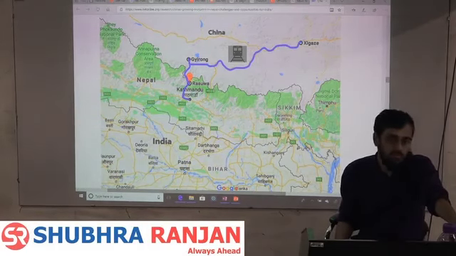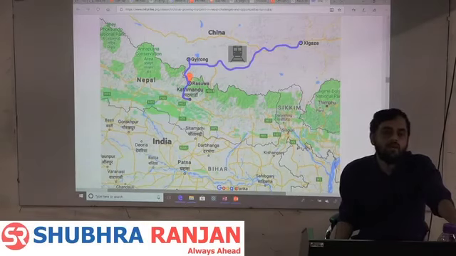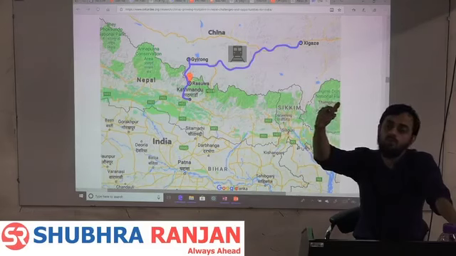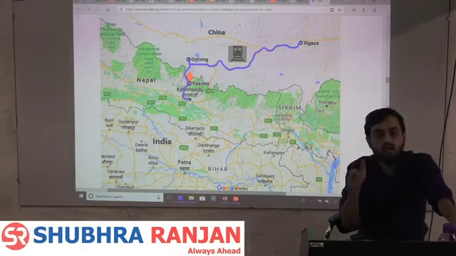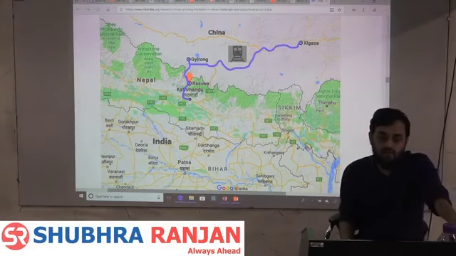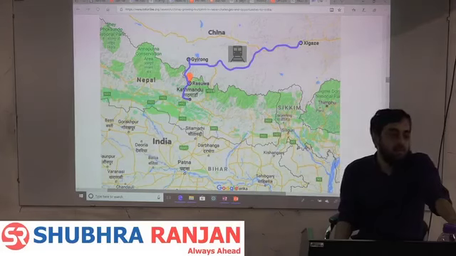And that is where KP Oli's 2+1 formula comes into the picture. That if Nepal could become the connectivity link between whom? Between China and India. Meaning the railway that comes to Kathmandu must also come to India.